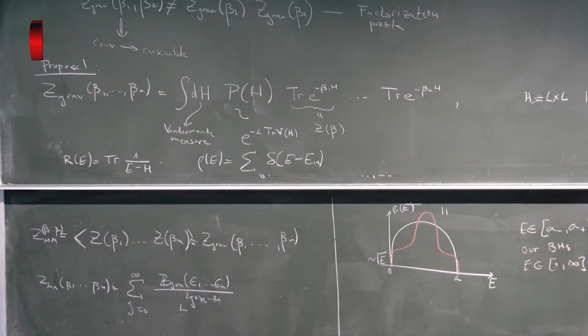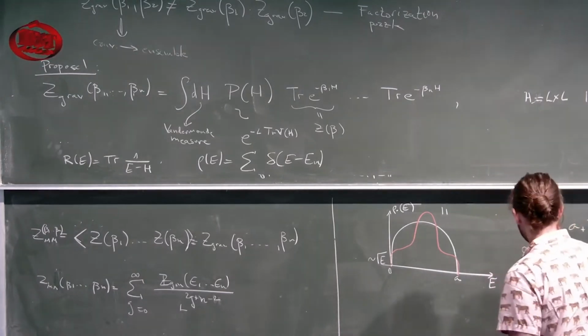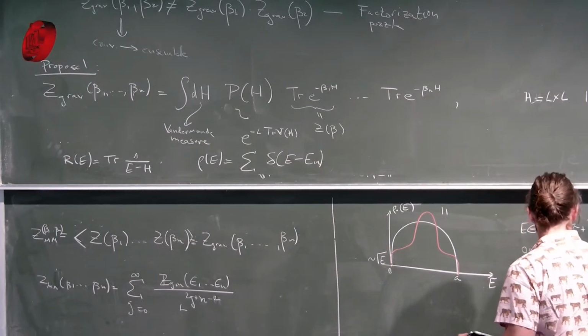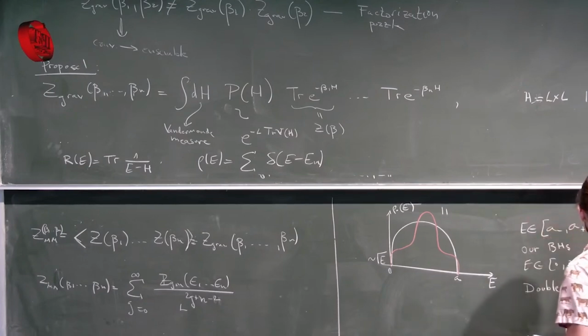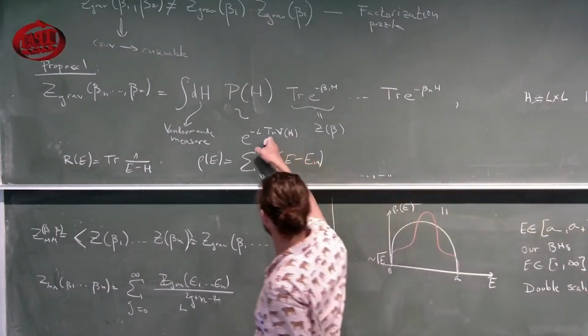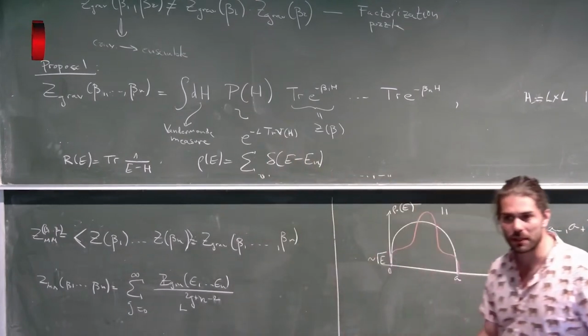And this is resolved by something that's called the double scaling limit. In which we tune A, so A can also be viewed as one of the parameters of the potential.